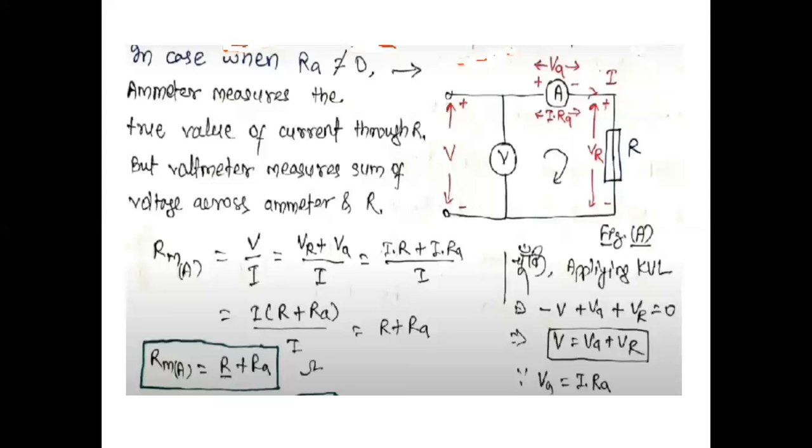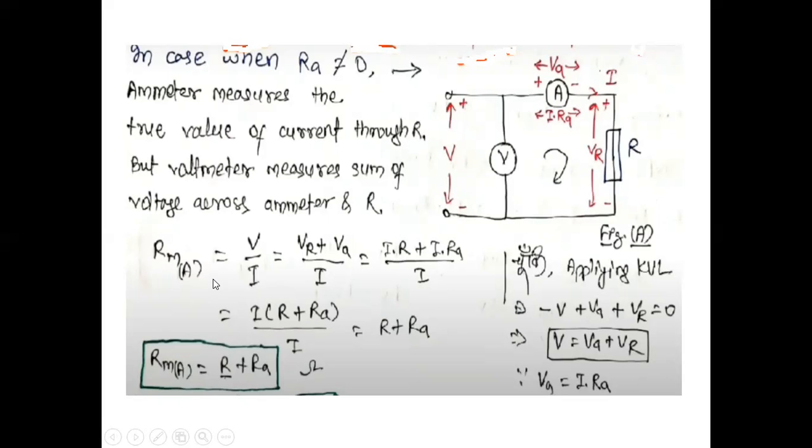Then the measured value of resistance Rm is equal to V upon I, that is VR plus VA upon I, which is equal to IR plus I into RA upon I, where RA is the resistance of the ammeter. I gets cancelled, so Rm is equal to R plus RA. The measured value of resistance is greater than the actual value of resistance.